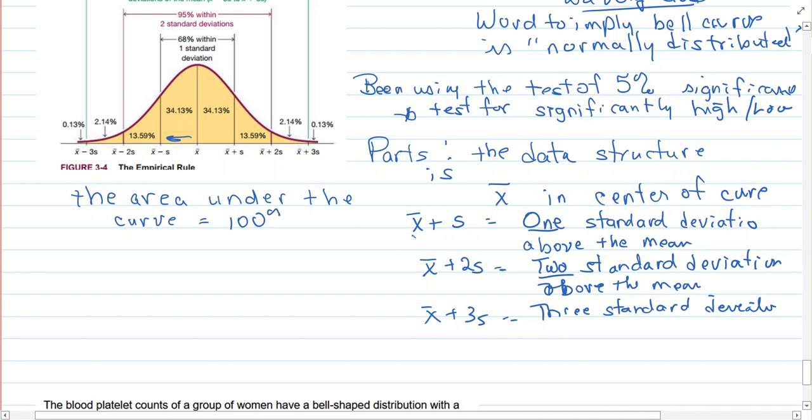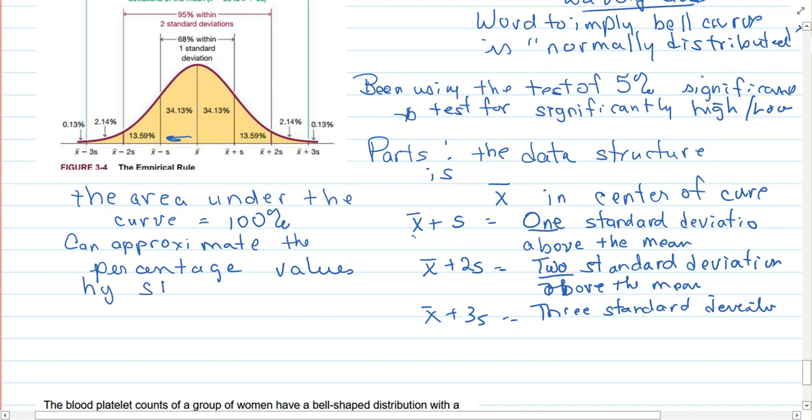equals 100%. All right, it means all of it. So we can approximate percentage values very accurately by standard deviation location, and done to the whole partition.